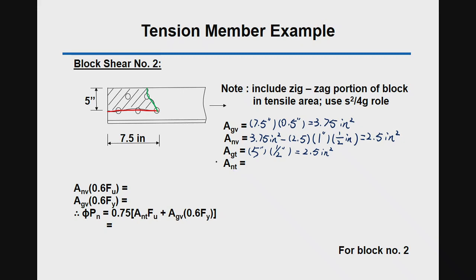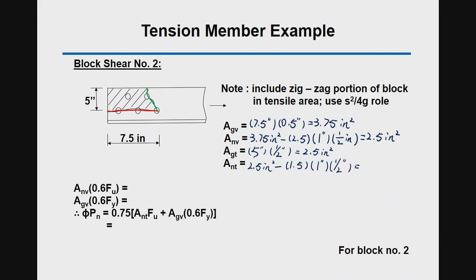And the net area includes 1 zigzag path. So it is equal to 2.5 square inches minus 1.5 holes, which are going to be deducted from the gross tension area. So that's 1.5 holes times the diameter of the hole and times the thickness.